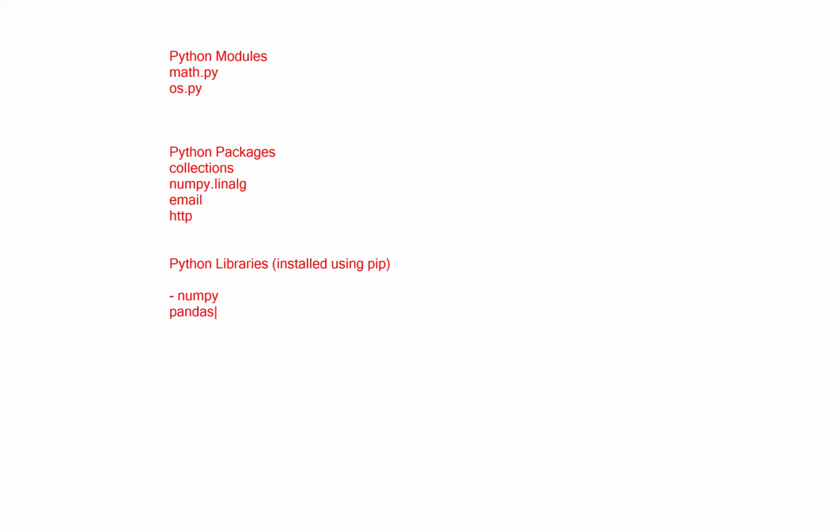Now, Python libraries are divided into two parts. The first one is the Python standard library, that comes as part of the Python installation in your system, and then third-party libraries.